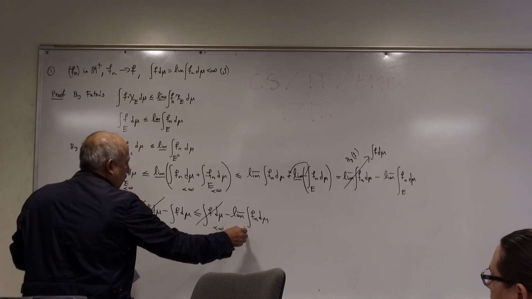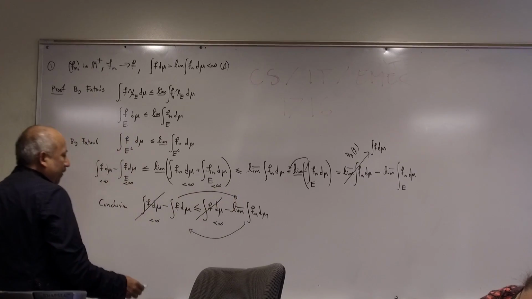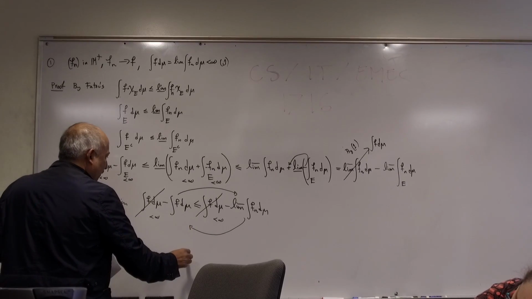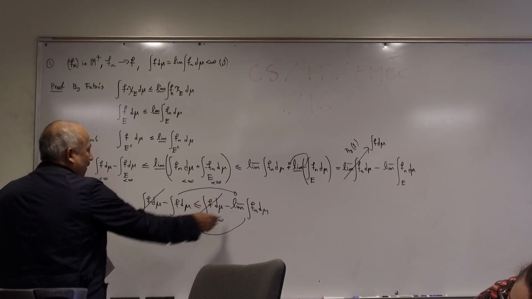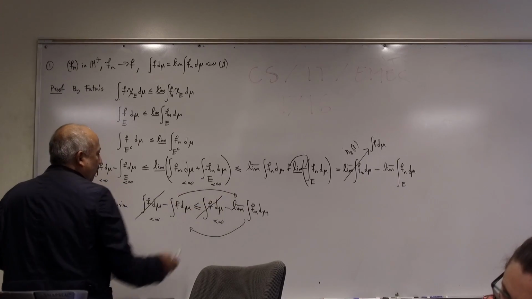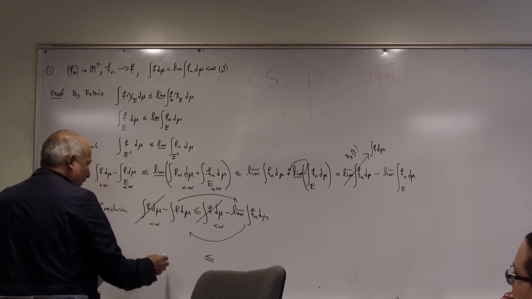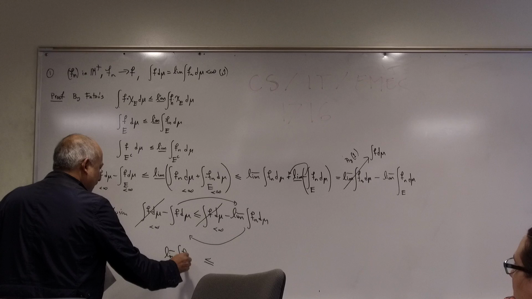And then you multiply by minus. Or I would suggest you move this to this side, and that to the other side, instead of multiplying by minus, which is the same thing. After canceling this, canceling that, and moving this to the left and this to the right, it is positive. So I have the lim sup of these integrals.